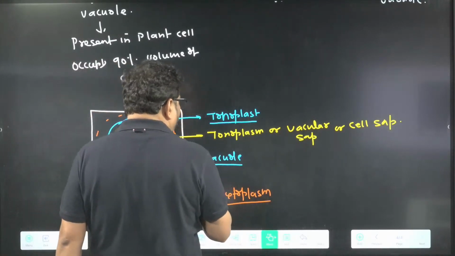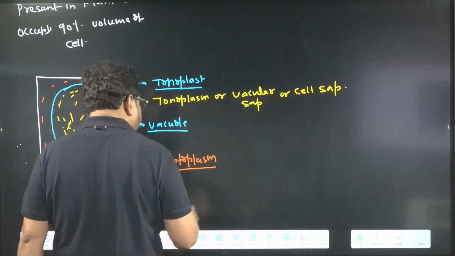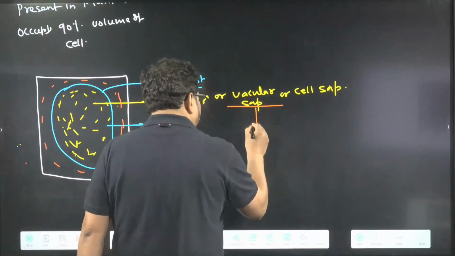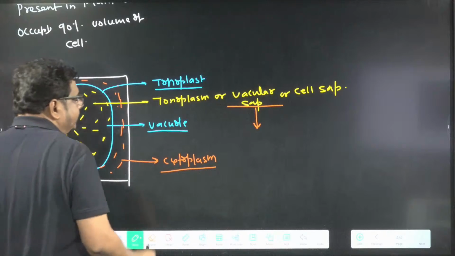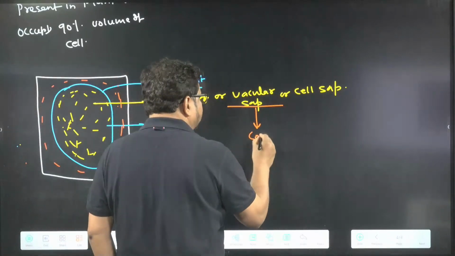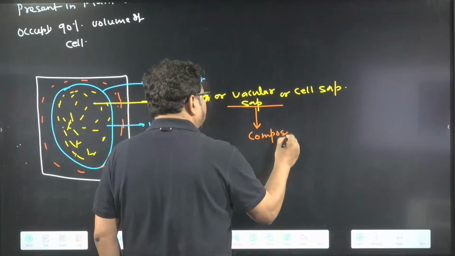Now I am writing the composition of vacuolar sap or cell sap. Just give your attention. So the composition of vacuolar sap.